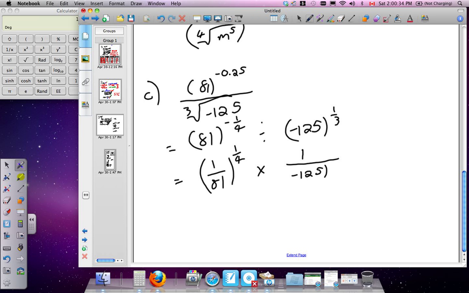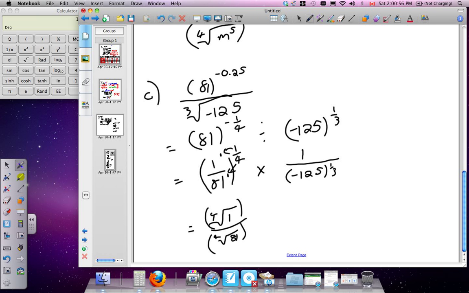That way we can multiply these. That's our fraction rules. So then when I go to apply this in, technically both of these are to the power of 1. So I can actually multiply it in. The 4th root of 1 is going to be 1.